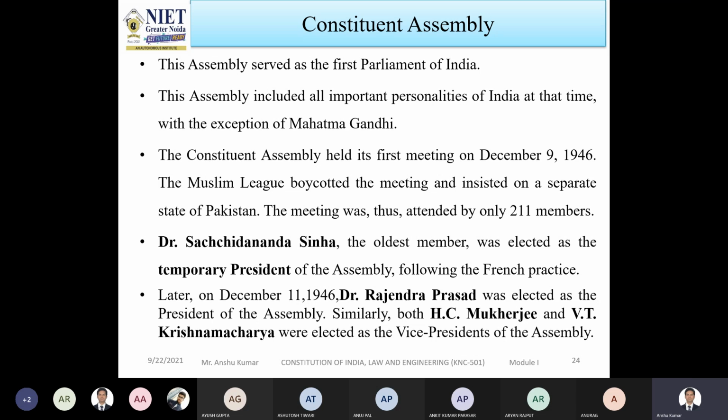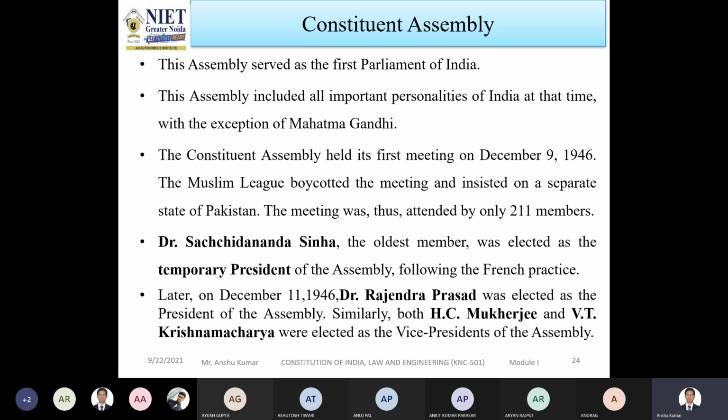This assembly included all important personalities of India at the time, with the exception of Mahatma Gandhi. Always remember, Mahatma Gandhi was not a part of the Constituent Assembly. So he did not debate any law framed by the Constituent Assembly.